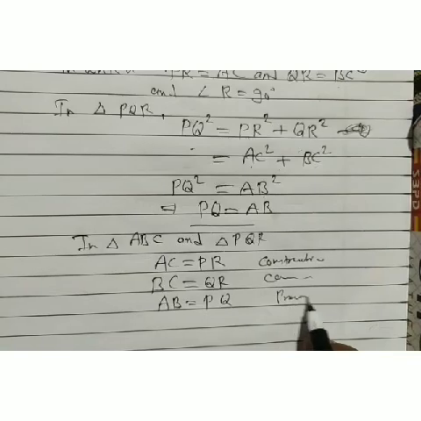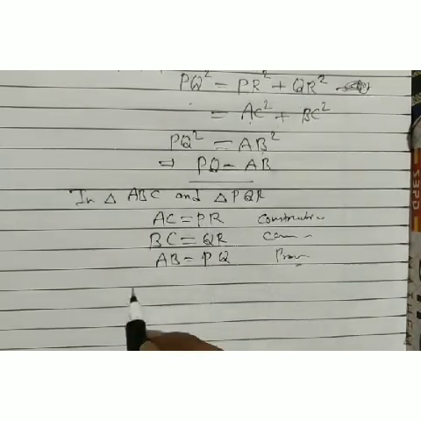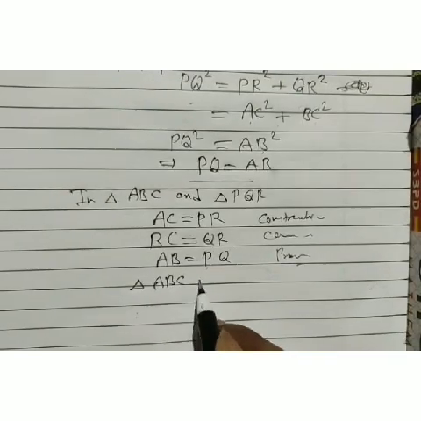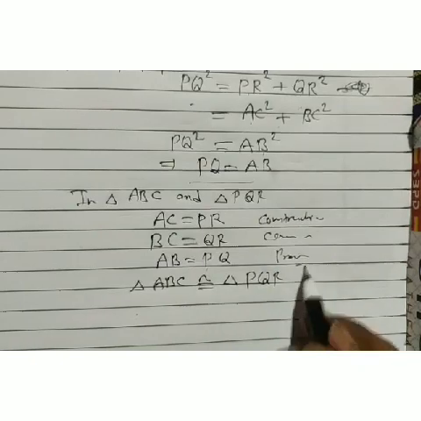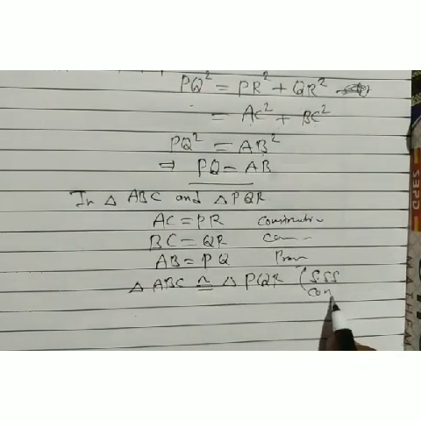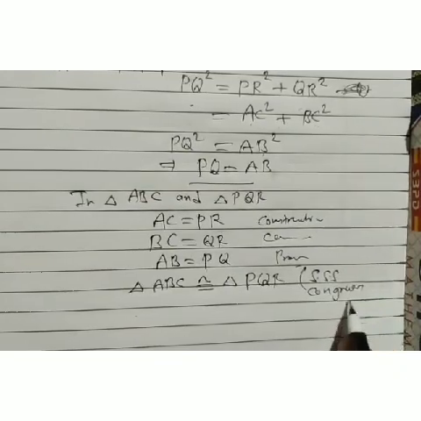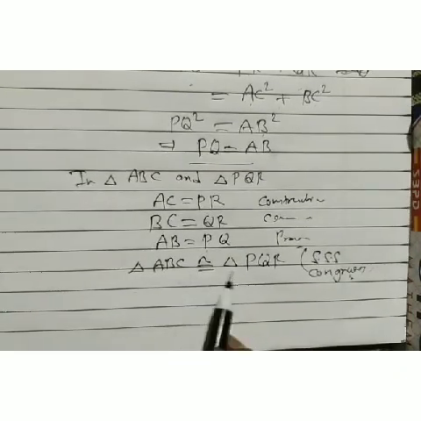Then by side, triangle ABC is congruent to triangle PQR, by the side congruency criteria. Then we saw that our triangles are congruent.